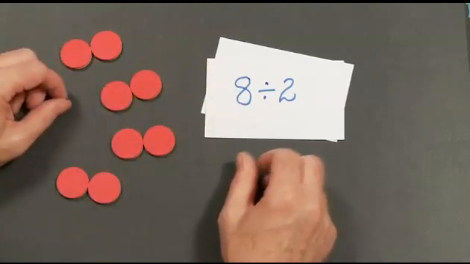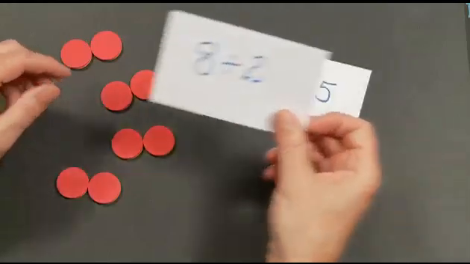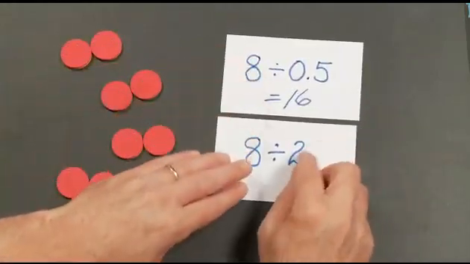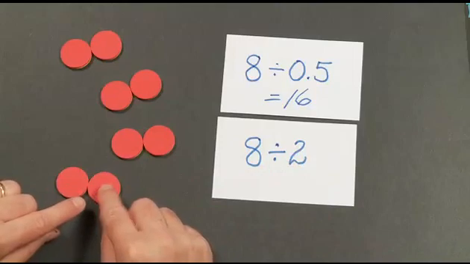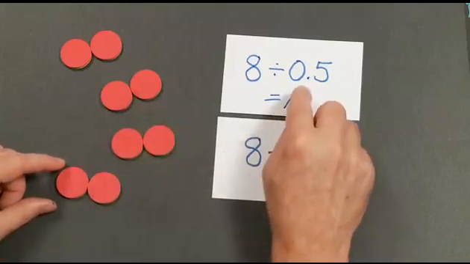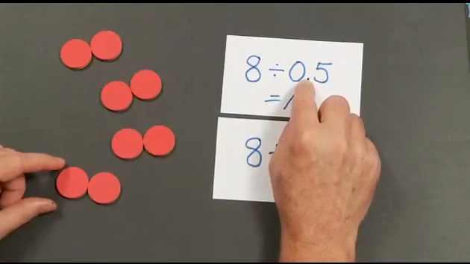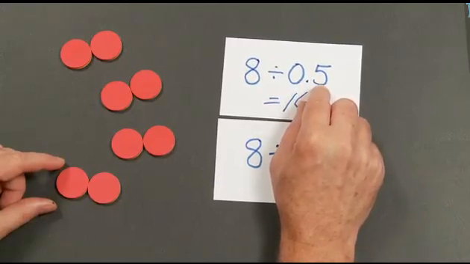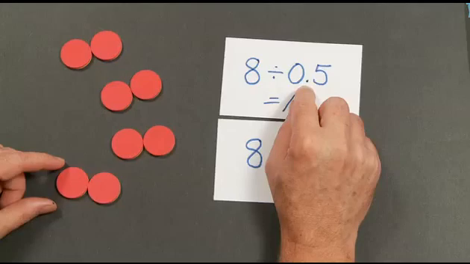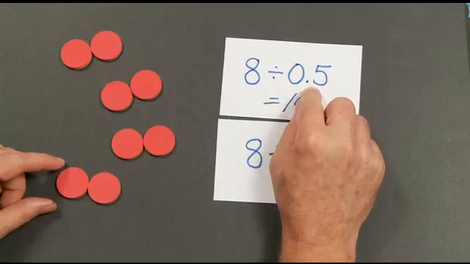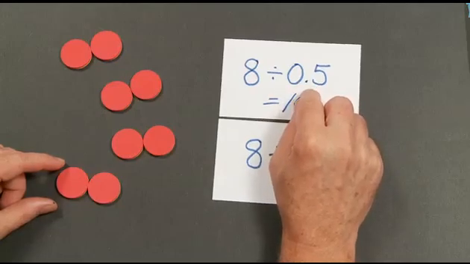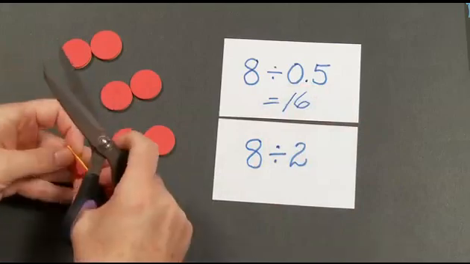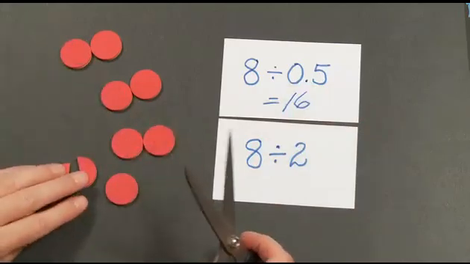Now let's go for a moment back to this question here. This isn't saying how many sets of 2 can I make out of 8. It's saying how many sections of 0.5, 5/10, how many sections of a half can I make out of 8? Now that's a half.